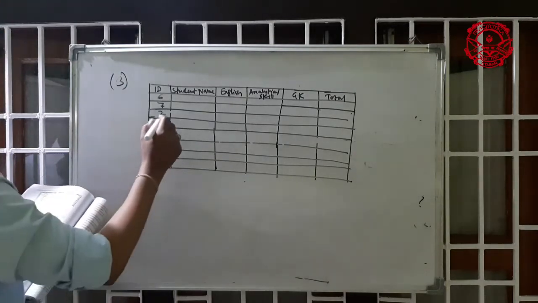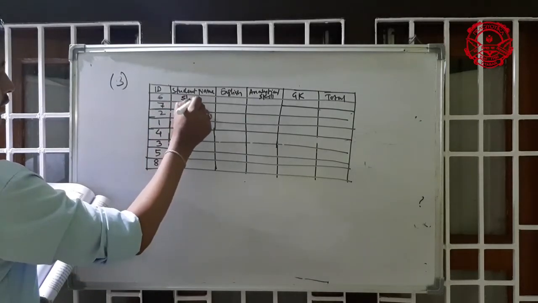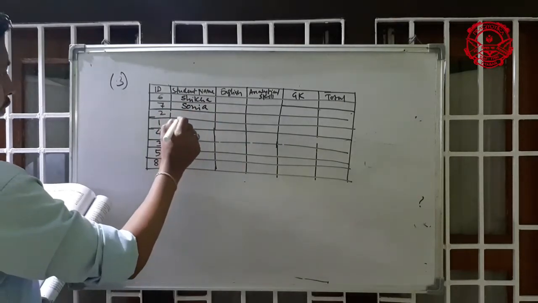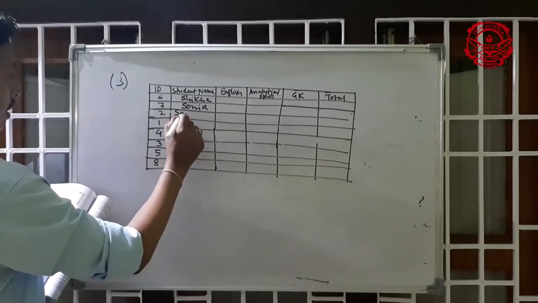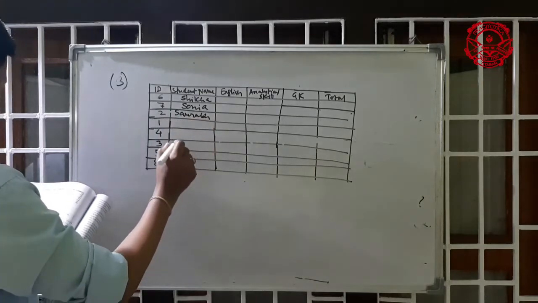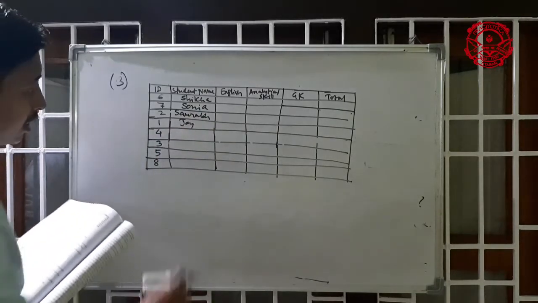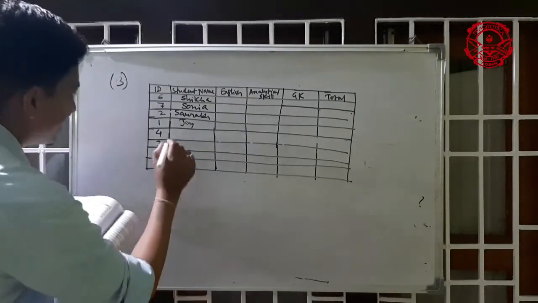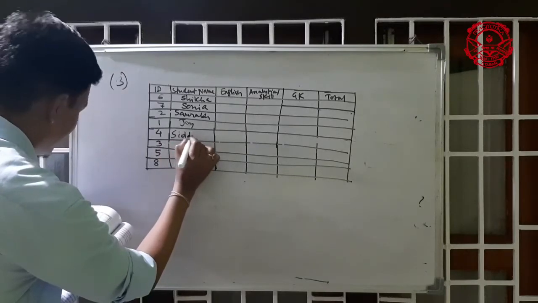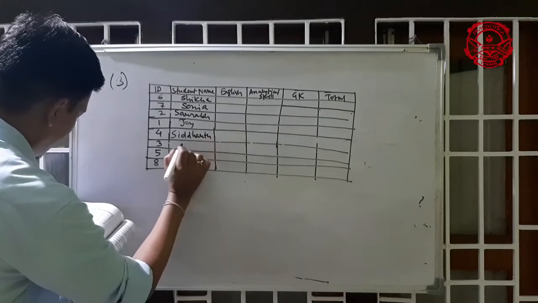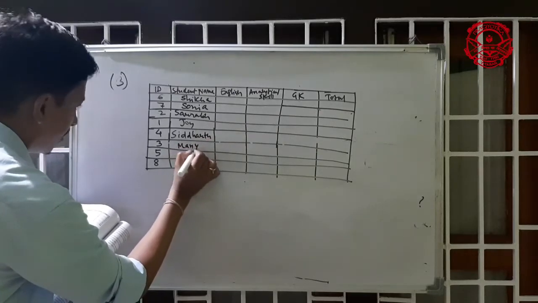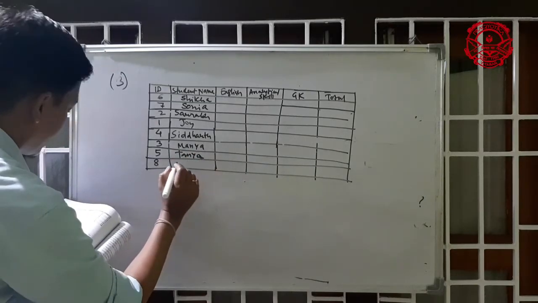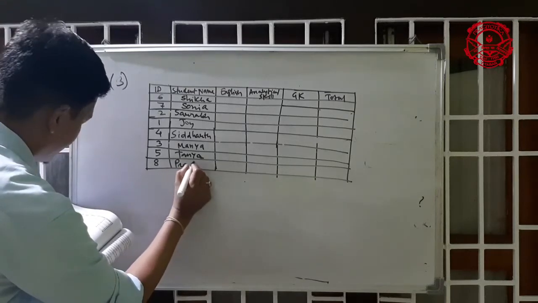Student names are Sikha, Sonia, Soro, Joy, my best friend's name Joy, Siddharth, Manya, Tanya, and the last one is Prasanth.